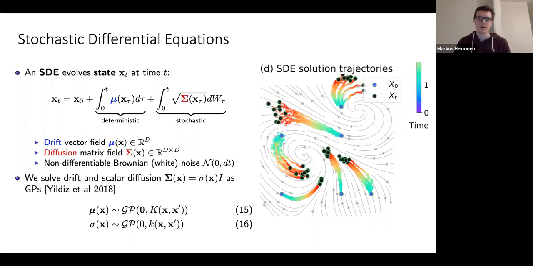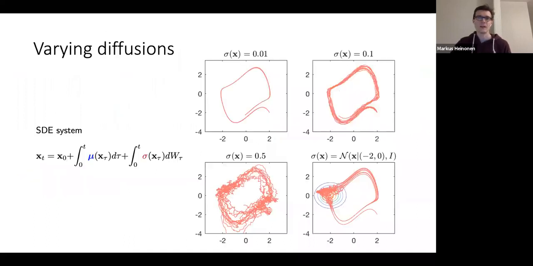And now, how do we then learn these things? Well, we propose that we would just place two different GPs. We have one GP for the drift, one GP for the diffusion magnitude, which in this case was just a small sigma instead of the capital Sigma, because handling these matrix valued things is rather more complex. And here I would just like to highlight the effect of the diffusion.